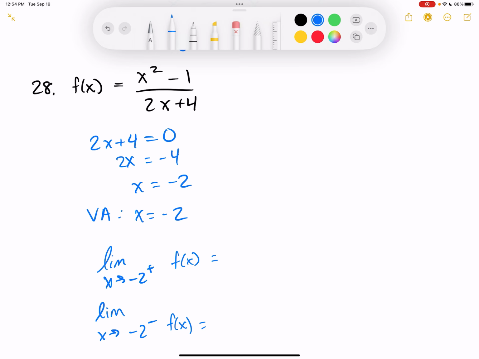It's going to be positive, and what is the number close to? Close to 0.